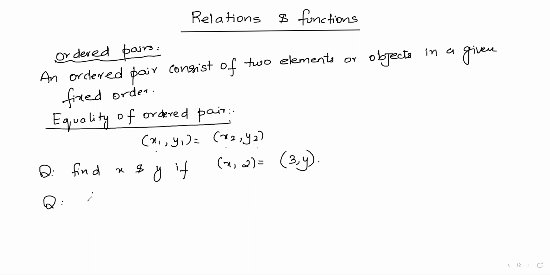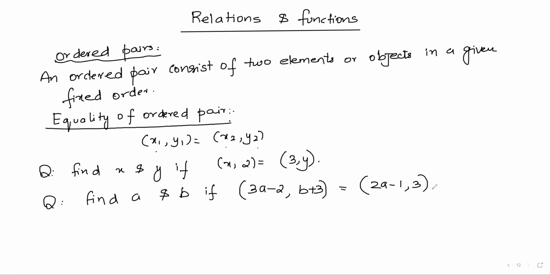Please try the next question: find a and b. Safan, please find the value of a and b. a is equal to 1, b is equal to 0. Very good, this is correct.